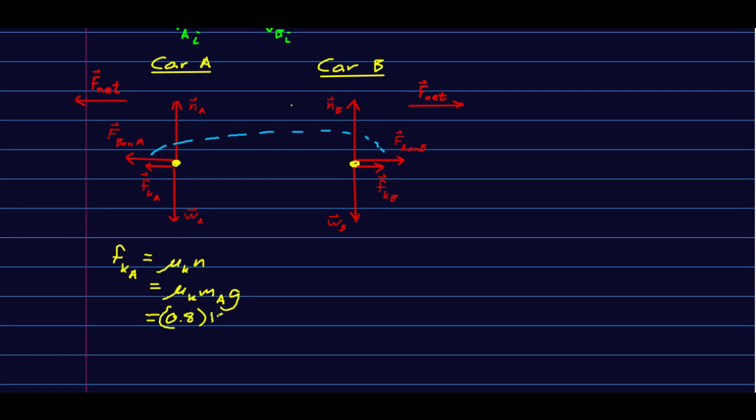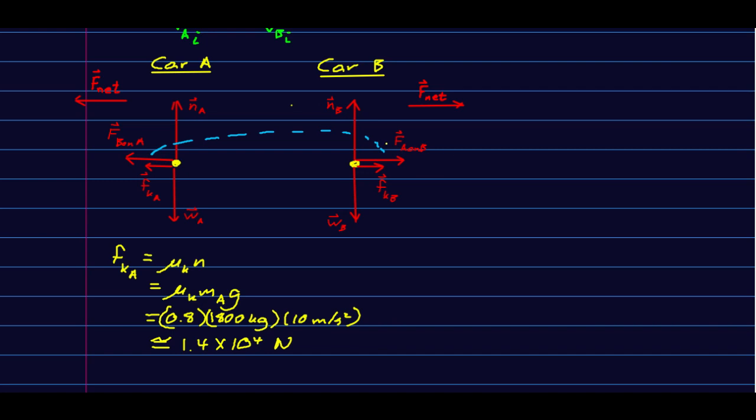And so then we've got 1,800 kilograms times g, which is more or less 10. And that comes out to about 1.4 times 10 to the 4 newtons. Now, that's a big force. 10 to the 4 newtons, that's big.